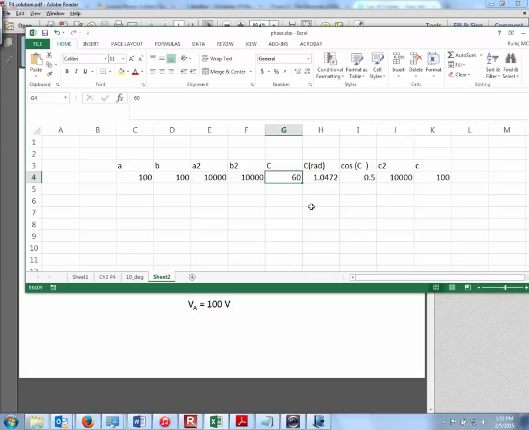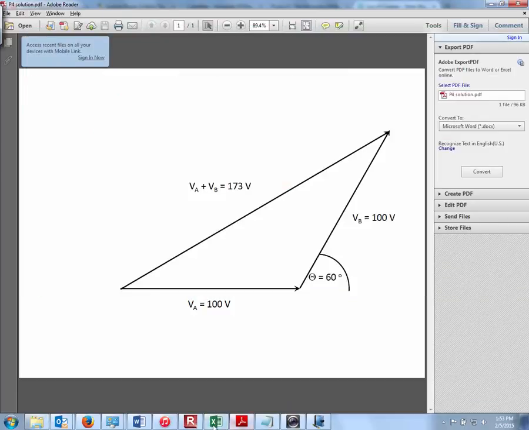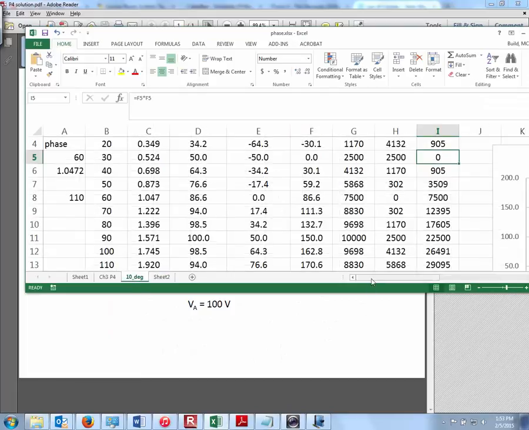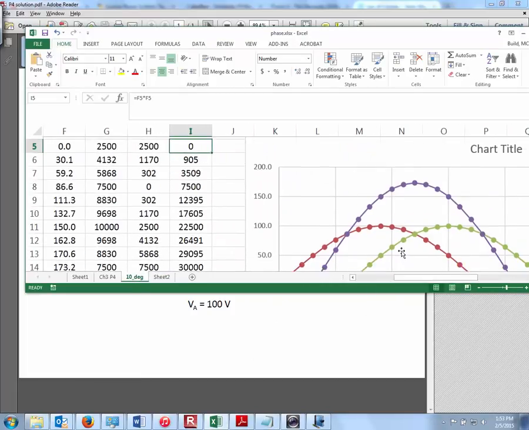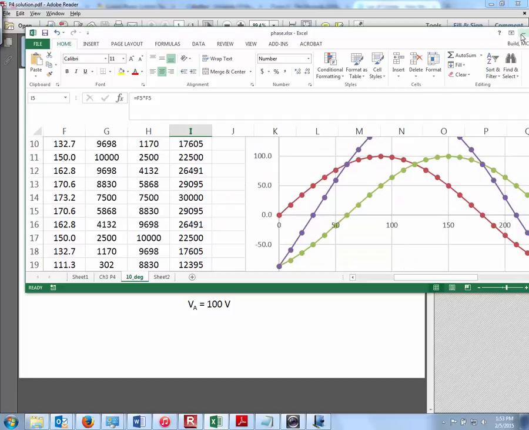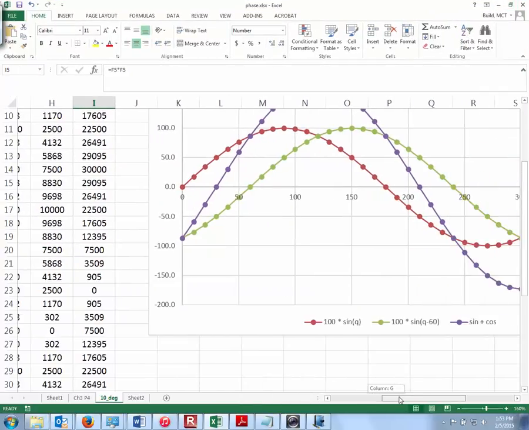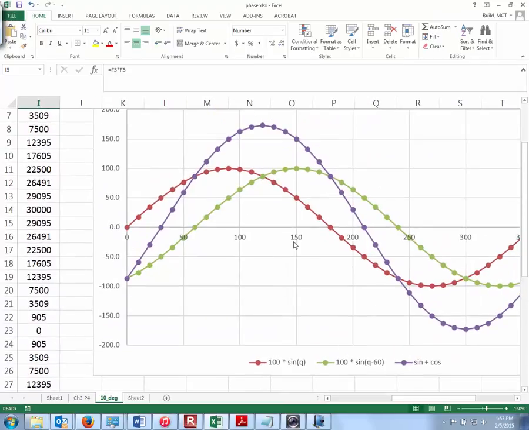Yeah, cosine of 60 is 1/2. The cosine of 120 is negative 1/2. If we go back to this guy and look at it for sine, you basically just flip from the top half to the bottom half is really all you're doing. The thing's symmetric. So anyway, that's how that thing runs.